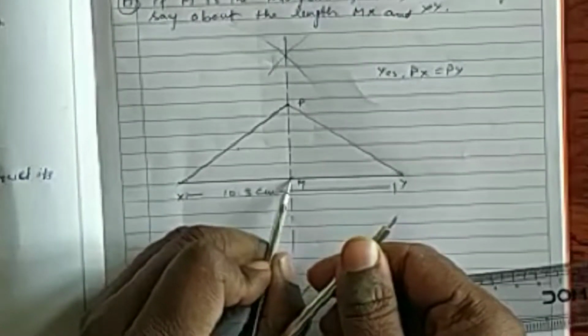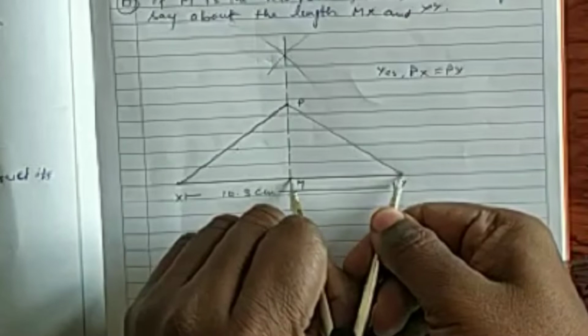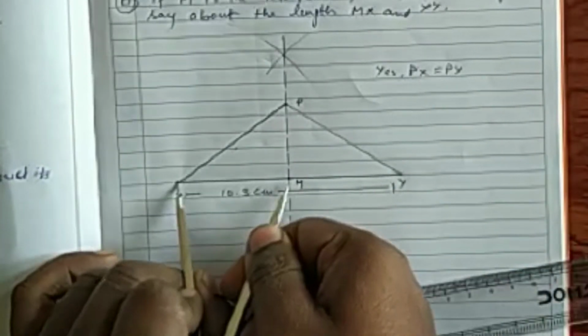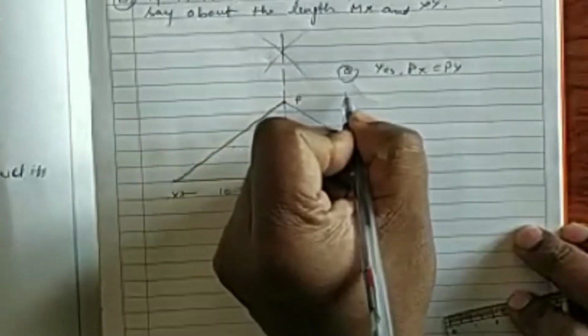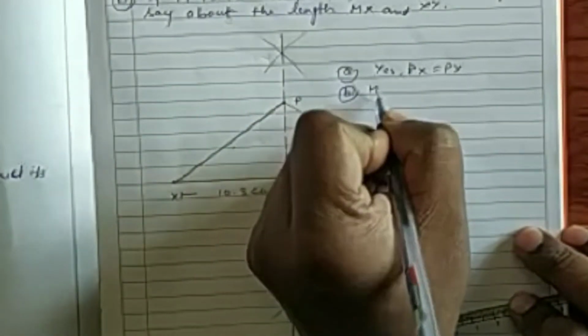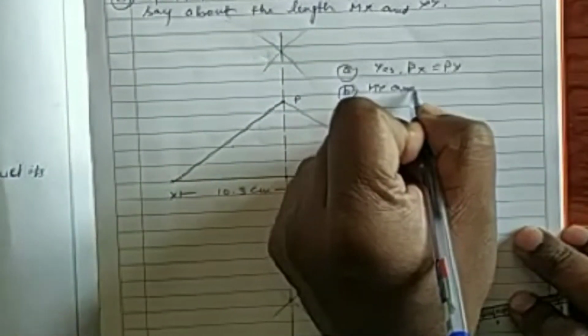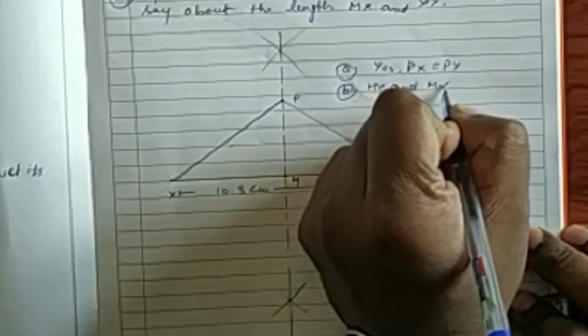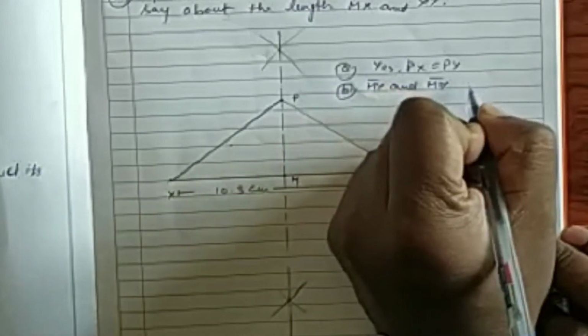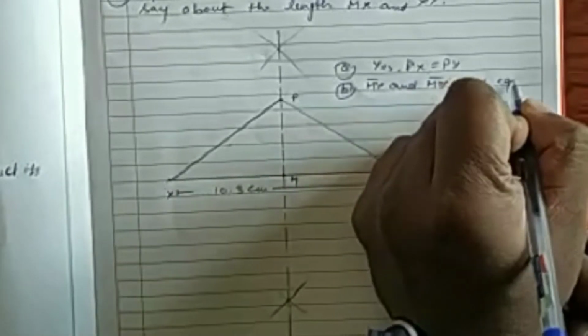Are they equal? Yes. So part B, MX and MY are equal. Okay, so this is the third question.